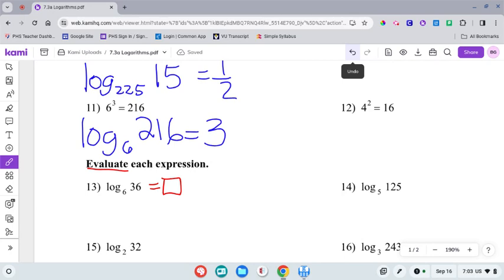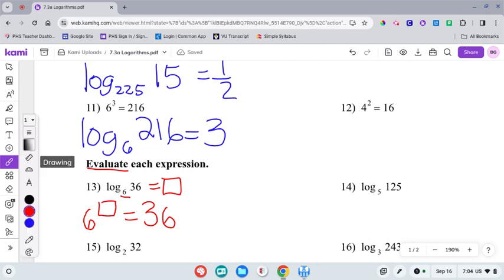What's the base? This one has a base of 6. And since a logarithm equals the exponent, this thing right here must be the exponent. So you've got your base 6, you've got your exponent, whatever's in that box, and that equals 36. You just need to fill in the blank.